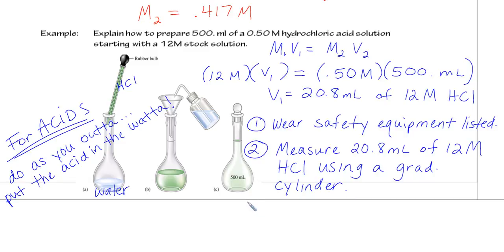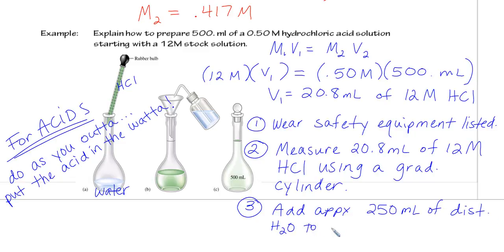So in 3, maybe we'd say like add approximately, what are we making here? 500 milliliters. So maybe we'd say 250 milliliters of distilled water. Now this could be an appropriate sized beaker. Or like in this case, a volumetric flask would be totally fine.